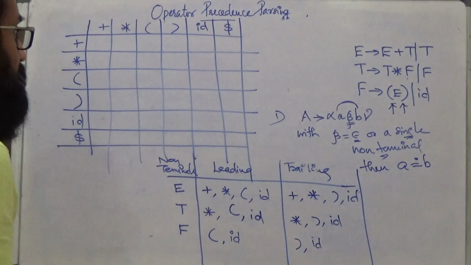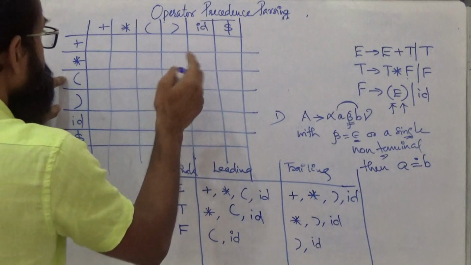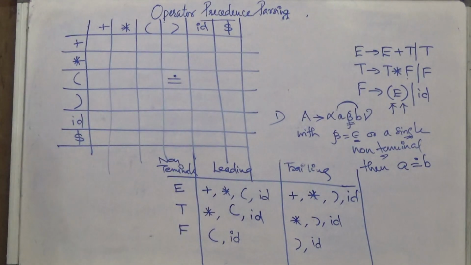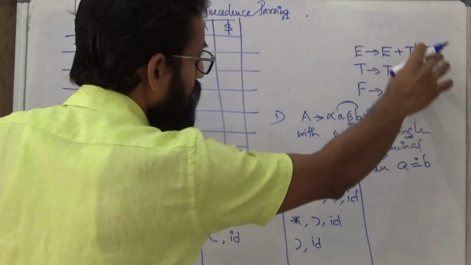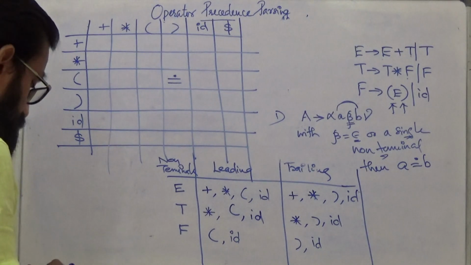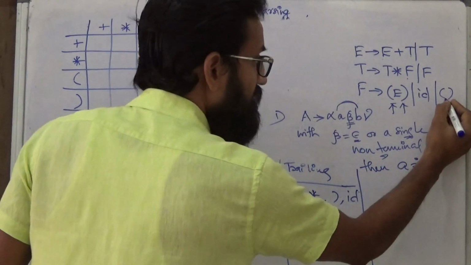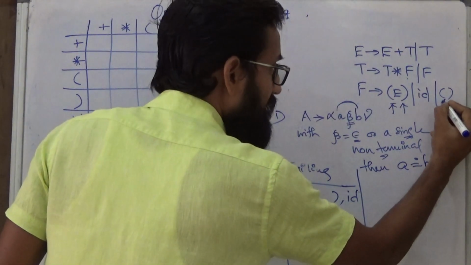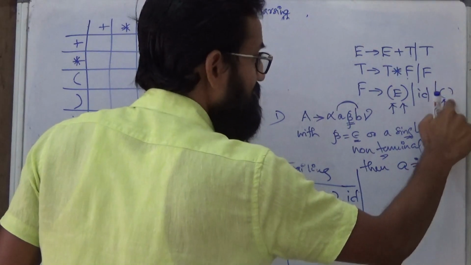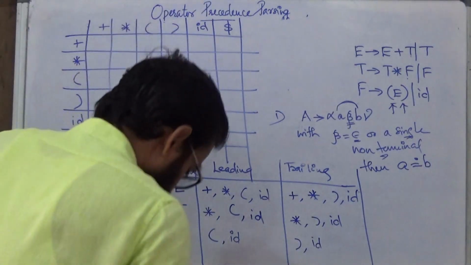So you can relate opening parenthesis to closing parenthesis. Opening parenthesis is having equal precedence as compared to closing parenthesis. Now if you analyze here, you are not having any other terminal pairs with equal precedence. So assume that you are having a production like this. Here you are having two adjacent terminal symbols. So you can fix opening and closing as equal precedence.